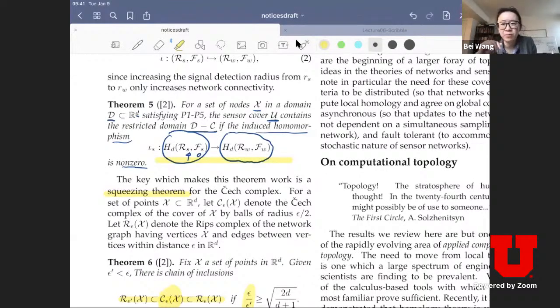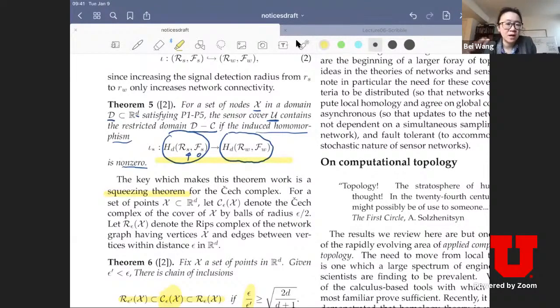Okay, so it's a very important philosophy that is especially applicable when your data is a point cloud sample of the underlying space. So if you're not careful, if you just choose one parameter to infer it, that parameter may not be good enough because of sampling density and because of noise and so on and so forth.